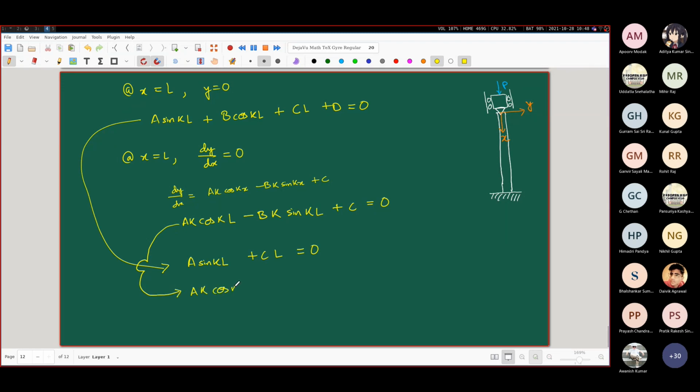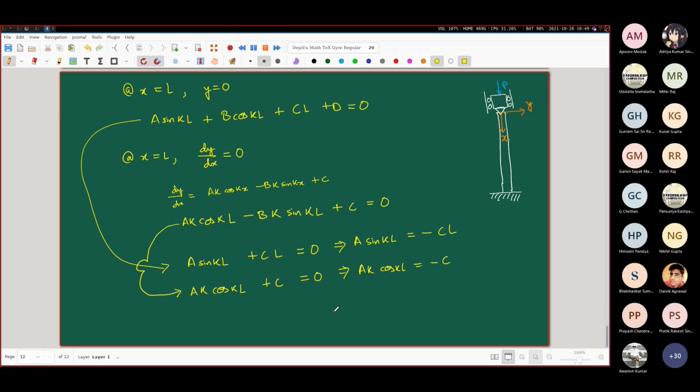AK cos kl, this B goes away, plus C is equal to 0. So what can we do from here? Tell me. This can be written as A sine KL is equal to minus CL, and this can be written as A K cos KL equal to minus C.